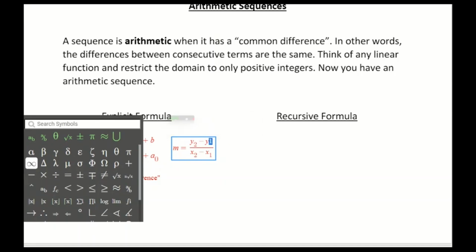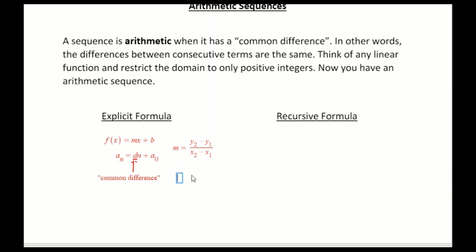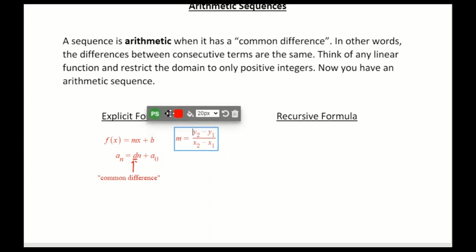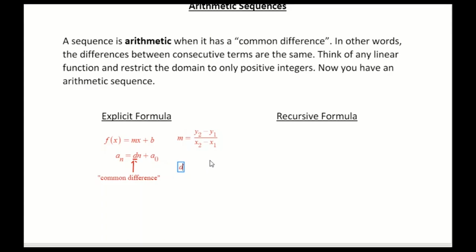And the way we're going to calculate the common difference is basically the same. It's the same exact idea here. So to calculate our common difference, it will be the change in a sub n. It doesn't have to be two terms right next to each other.